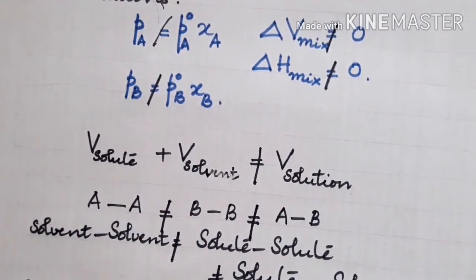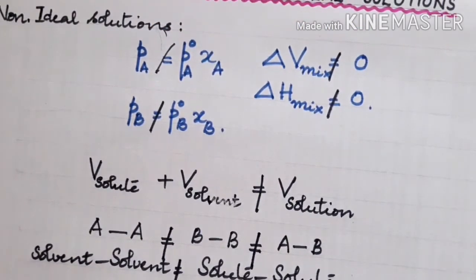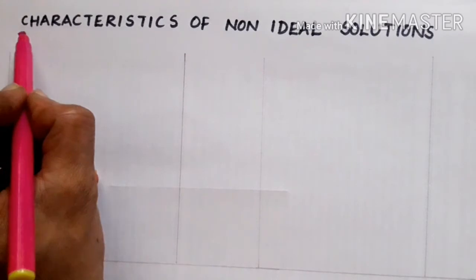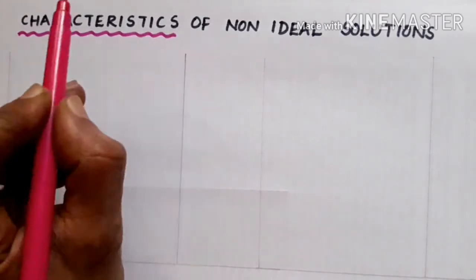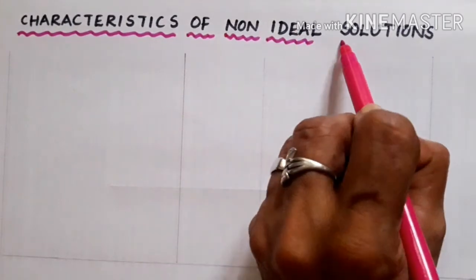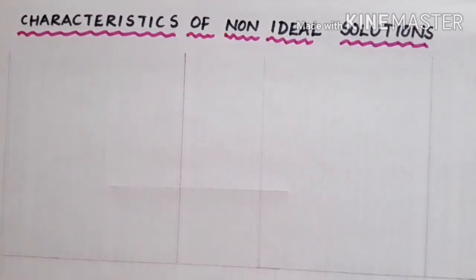We have two types of non-ideal solutions. We'll be seeing them one by one. Characteristics of non-ideal solutions: we'll be discussing how the non-ideal solutions behave and what the different types of non-ideal solutions are.